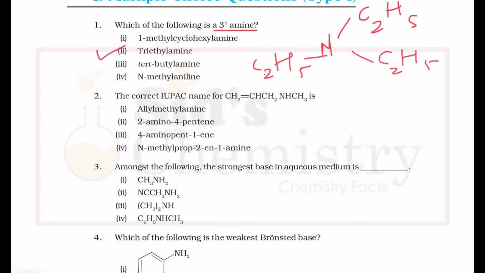In this compound, when we start numbering, 1, 2, 3, the name is N-methyl because nitrogen is directly connected to the methyl group, then prop-2-ene 1-amine. So the correct answer is option number 4, N-methyl prop-2-ene 1-amine.